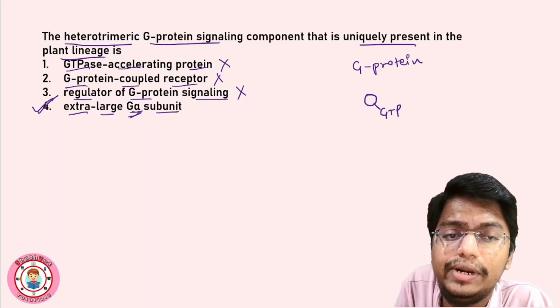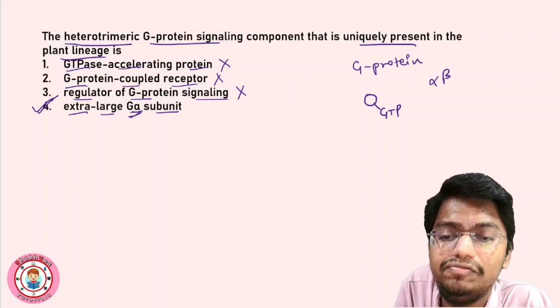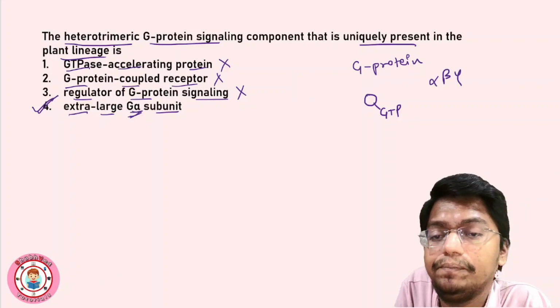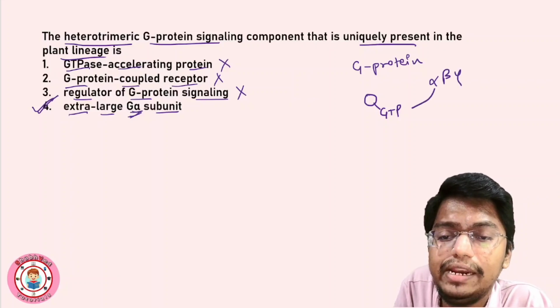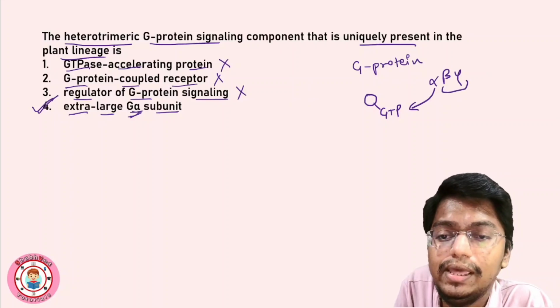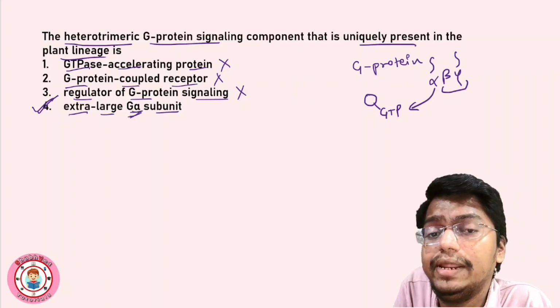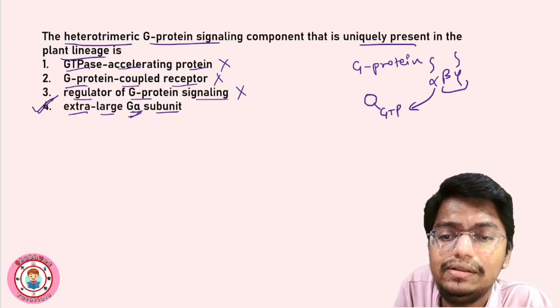And this is heterotrimeric. Heterotrimeric means what? Three different subunits: alpha, beta, and gamma. So this alpha one binds with GTP, and beta gamma is separate. Okay, and this alpha and gamma ones are bind with membrane, right? Membrane से inserted है. Okay, remember these things.